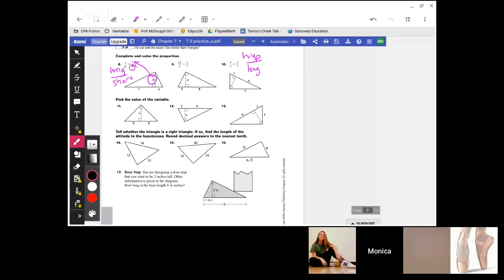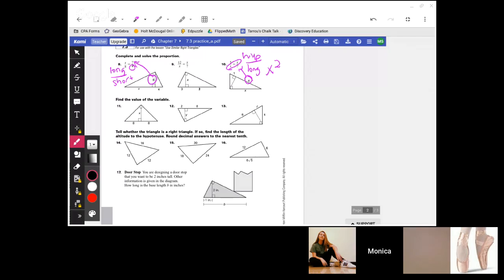Yep, 4 will go on the bottom because that's the long leg of that triangle. And then you cross multiply and divide there. Now remember, x times x is x squared, not 2x, okay?